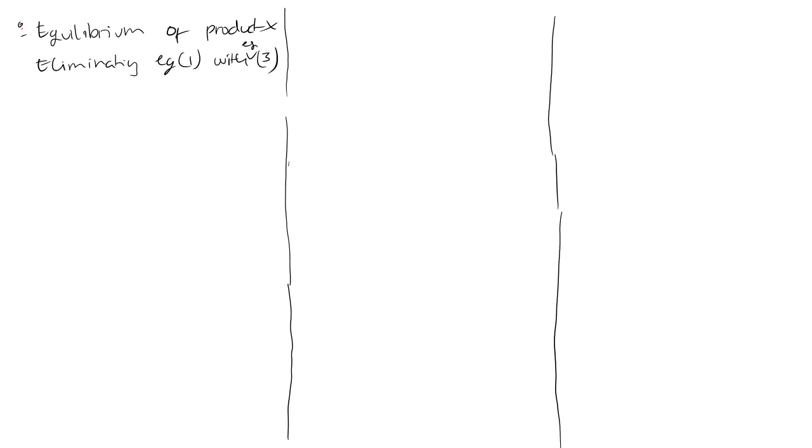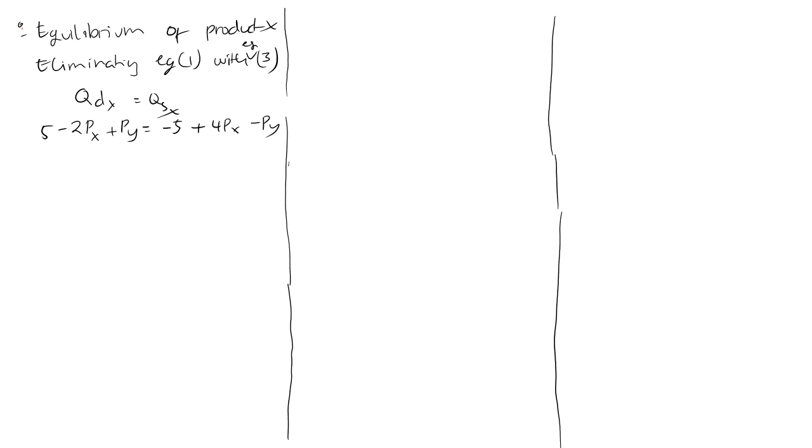So Qdx equals Qsx. Qdx is 5 minus 2px plus py, equal with minus 5 plus 4px minus py.